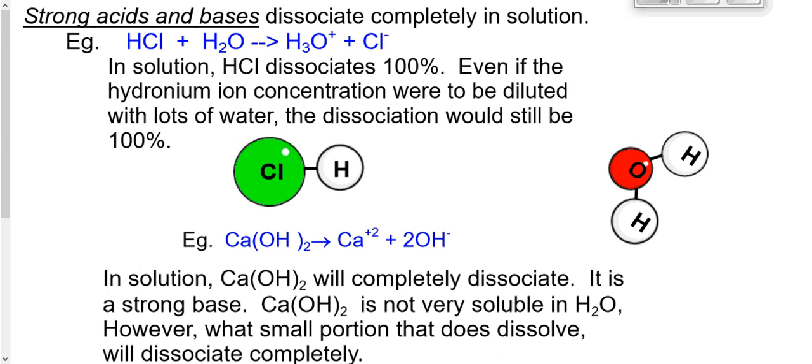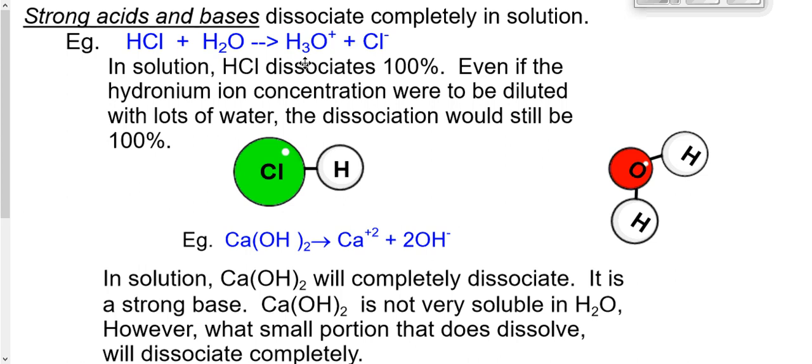Hydrochloric acid, HCl, for example, is a strong acid. When I put hydrochloric acid into water, it completely dissociates to form hydrogen ions, which of course sit on the water molecules around it to form hydroniums, and chloride ions. I can write the equation this way, or I can simply write HCl breaks apart to form H+ and Cl-.